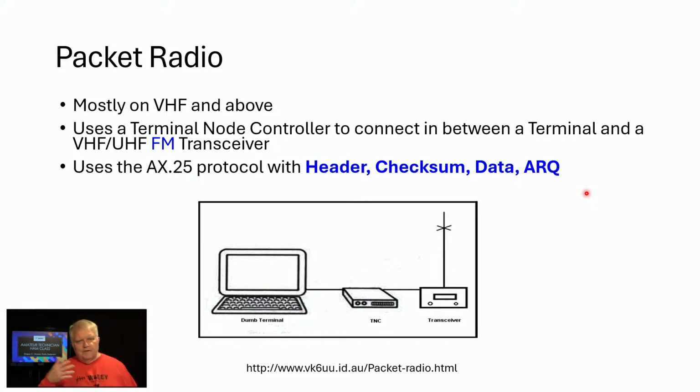But if it doesn't get the packet as it's transmitted, it will send something back, not acknowledged, or a NAK. And so then the packet system will retransmit the portion of the message that didn't get through. So that's an automatic request to resend.